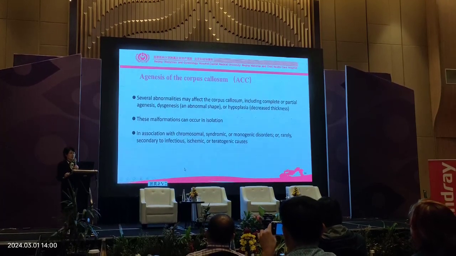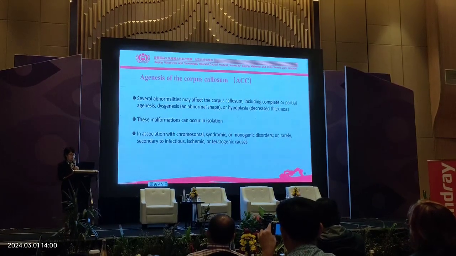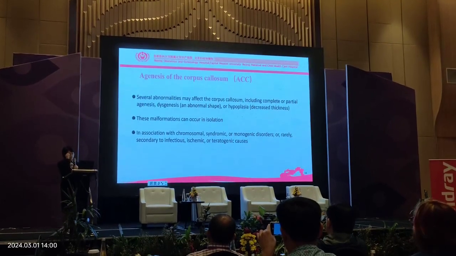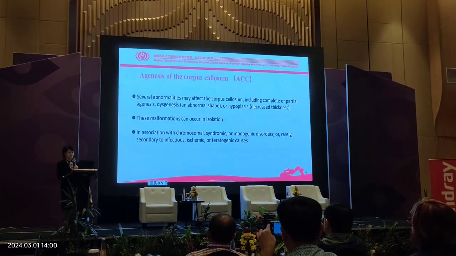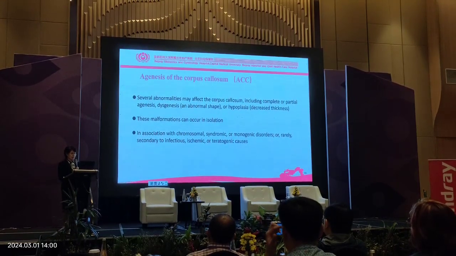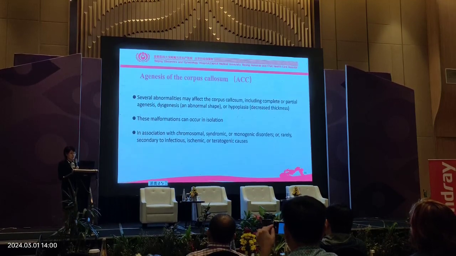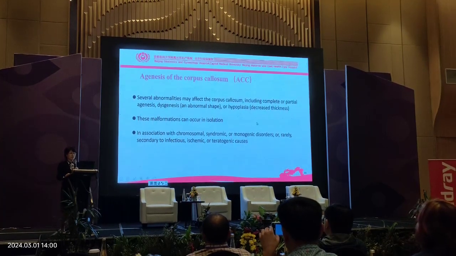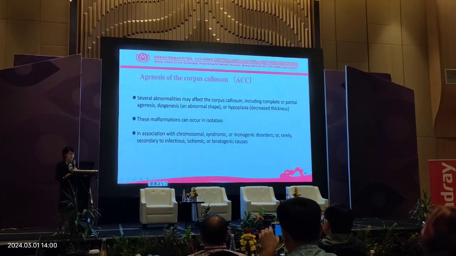For the ACC, agenesis of the corpus callosum, several abnormalities may affect the corpus callosum, including complete or partial agenesis, and dysgenesis, including abnormal shape, hypoplasia, and maybe decreased thickness.